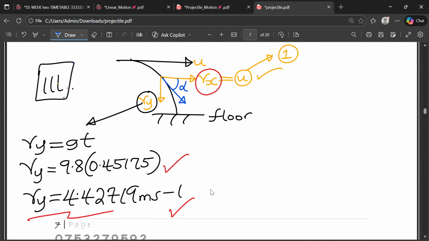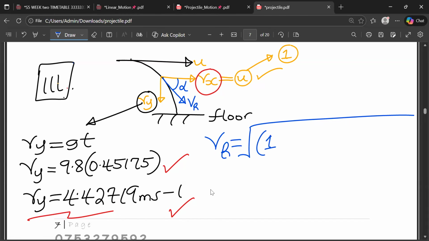That I explained. So first come and get the resultant. And you people told me the formula of the resultant. You're the ones who told me. So you just come and say, resultant velocity is the root of Vx squared. What is my Vx? My Vx is 1. 1 squared plus Vy squared.